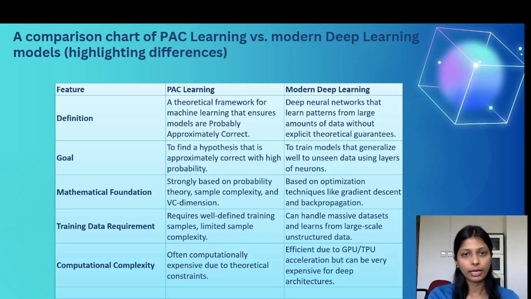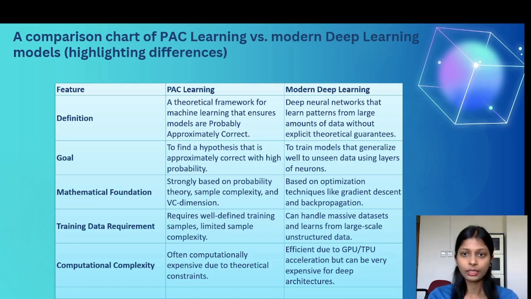Let's compare PAC learning versus modern deep learning. According to the definition, PAC learning is a theoretical framework for machine learning that ensures models are probably approximately correct. On the other hand, deep neural networks learn patterns from large amounts of data without explicit theoretical guarantees. On the basis of goal, PAC learning focuses on finding a hypothesis that is approximately correct with high probability.